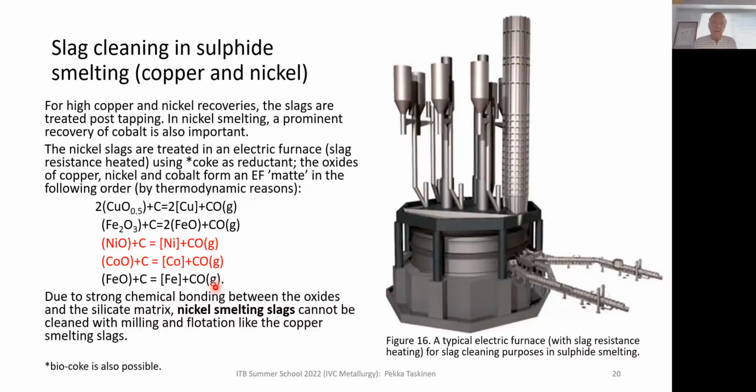In slag cleaning of copper slags, electric furnaces are typically only settling furnaces, and they don't have so much reductant, or not at all, so that the function of this electric heating is only to keep the bath molten and allow its tapping when the settling operation is done.